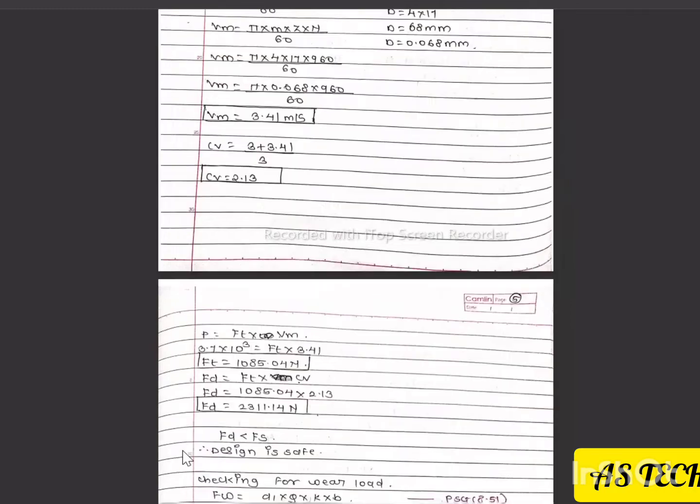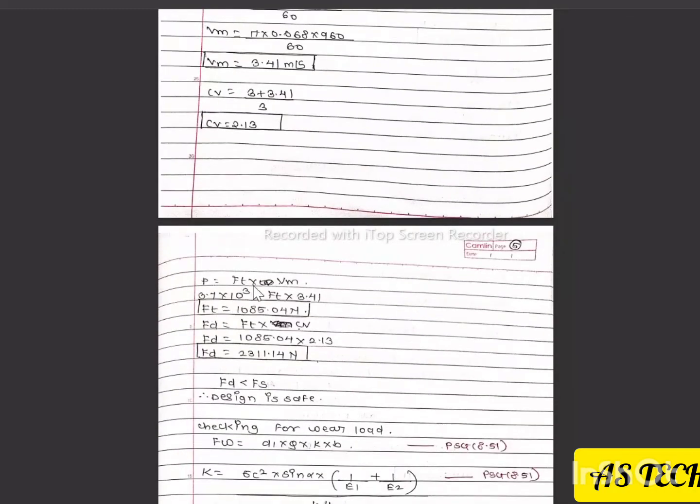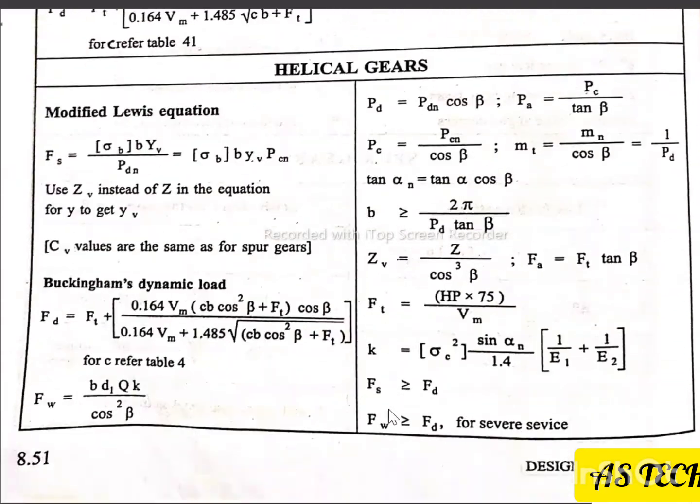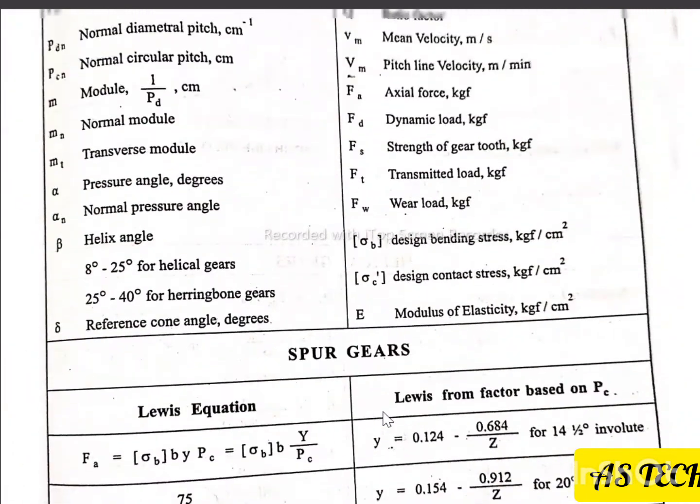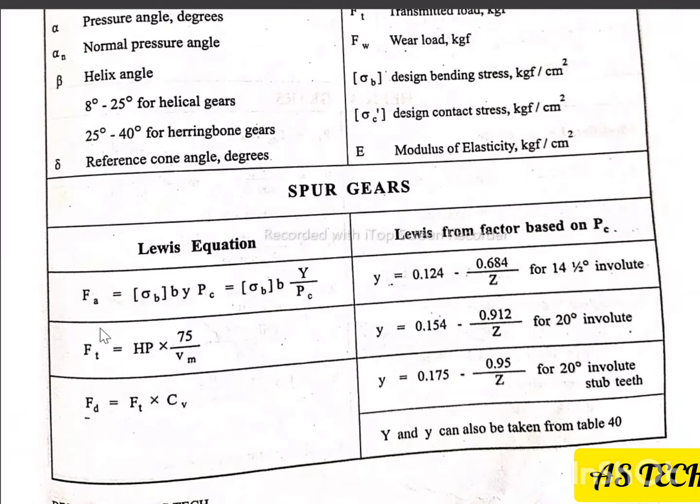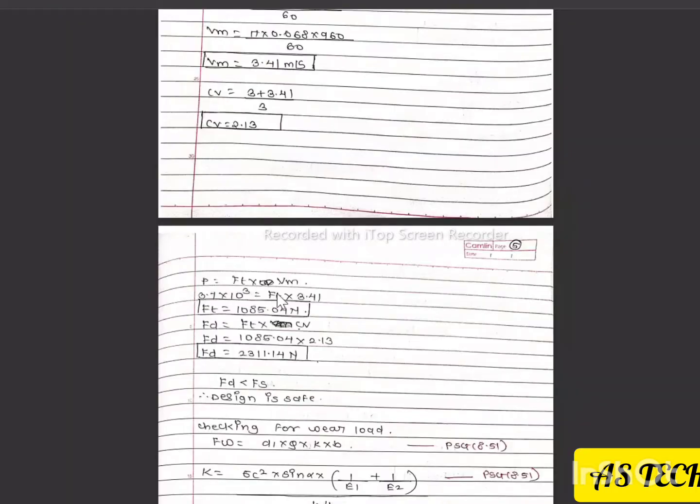Now the next one is P equals to Ft into Vm. We have to find out Ft, so go to PSG 8.50, Ft equals to Hp into 75 upon Vm. So basically it means P equals to Ft into Vm.